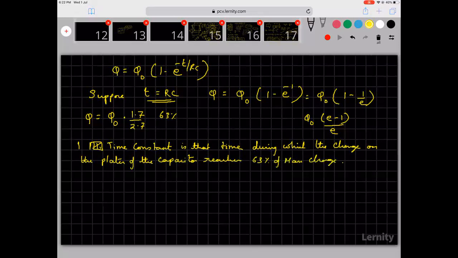Second thing is, understand that if this is time and this is Q, it increases and then flattens here. So there is a steady state. It reaches a steady state after some time.